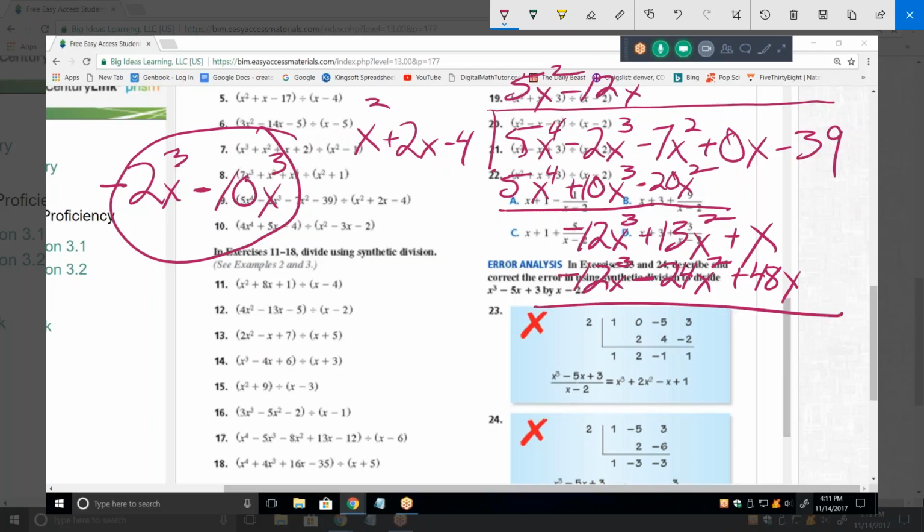Now subtract. All right, so 0. That's always going to be 0, so I don't even bother doing that. I begin my subtraction right there.